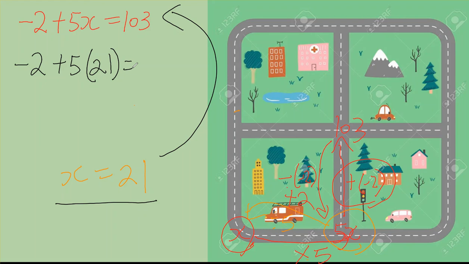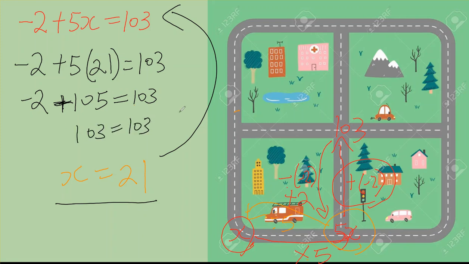Then minus 2 stays as minus 2, and 5 times 21 is 105. And minus 2 plus 105 is 103. And 103 is indeed 103. So then I know that my answer of x equals 21 was correct.